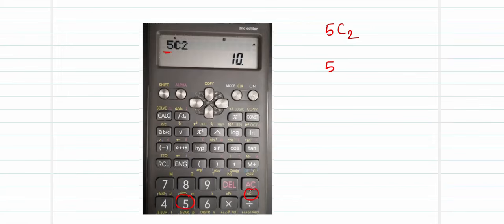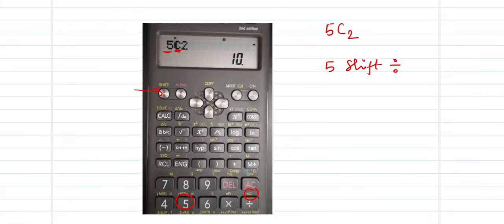You have your NCR on top of this division sign. So second, press your shift button. If you press your shift button, then you can activate all the yellow portions over here. After pressing the shift button, the operation we need is NCR. Then you press the division sign. When you press the division sign, automatically you can see the C appear on your screen.